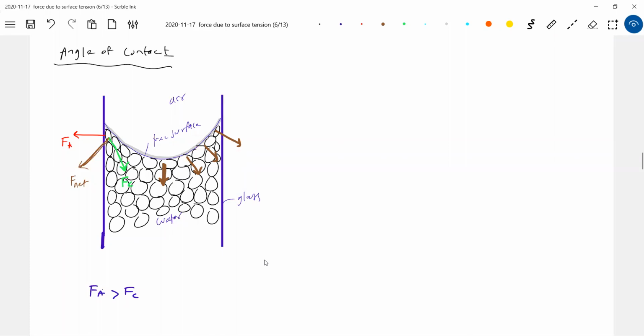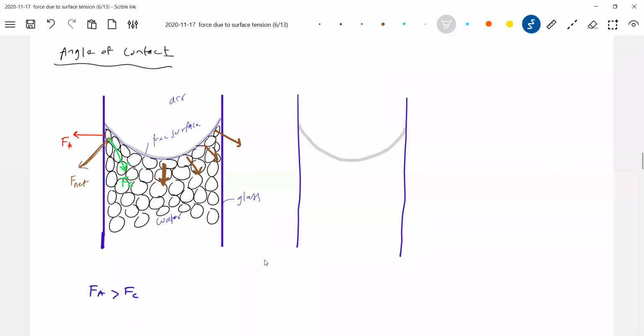So now this particular free surface, everything is water, no? Here I'll bring in the angle of contact.